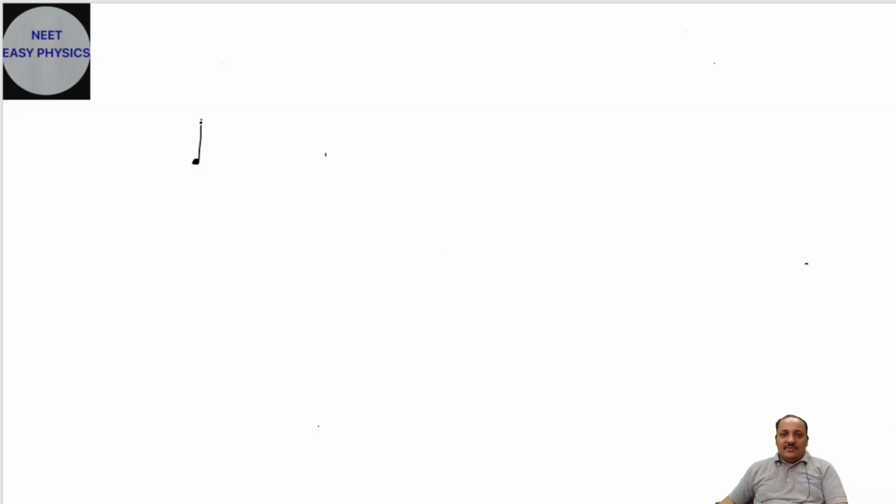In this class, we will discuss an object projected vertically upwards with some initial velocity u. It is going to meet a point P two times: once when it is coming upwards, and again when it comes downwards after reaching maximum height.